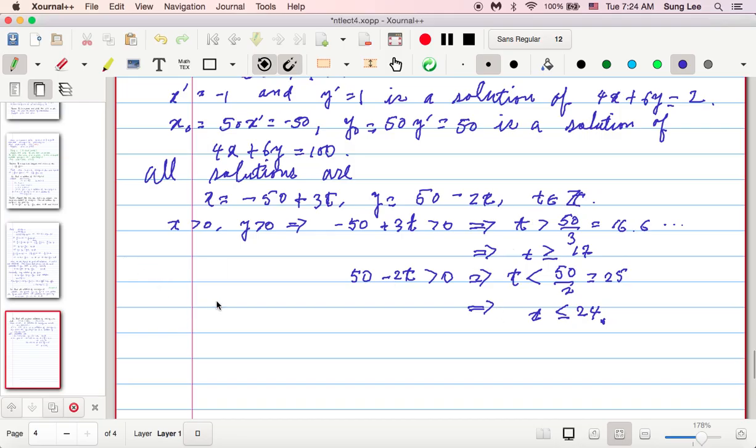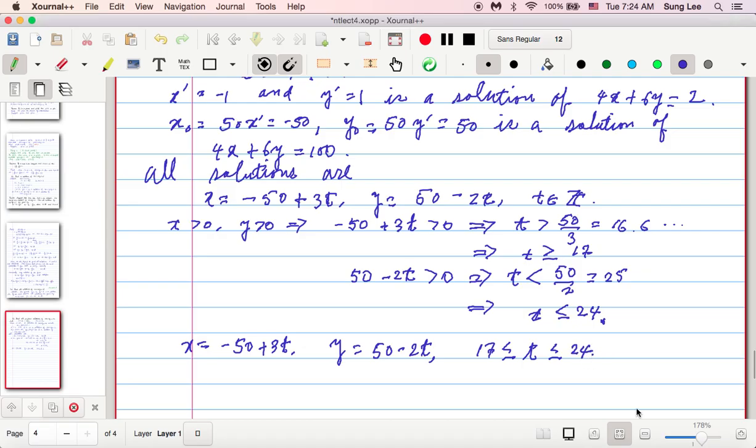So by putting them together, all positive solutions are x equals negative 50 plus 3t, and y equals 50 minus 2t, where t is greater than or equal to 17 and less than or equal to 24.